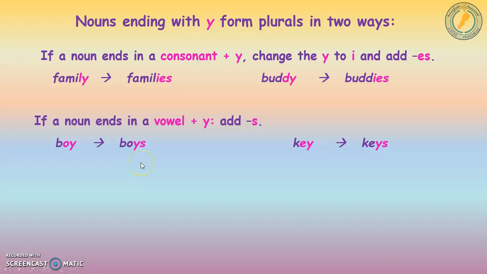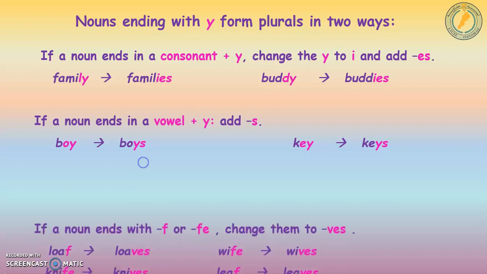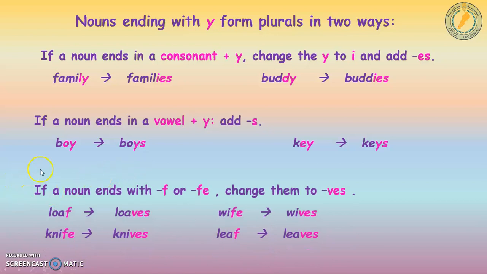Now let's move to words that end with F and FE. If a noun ends with F or FE, we have to change them into VES. Examples: loaf, it ends with F. So we have to cross out the F and add VES.